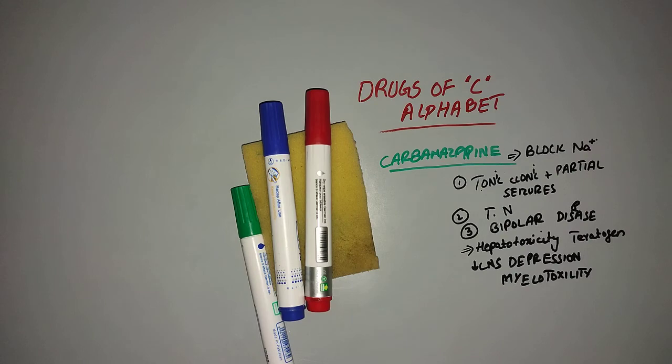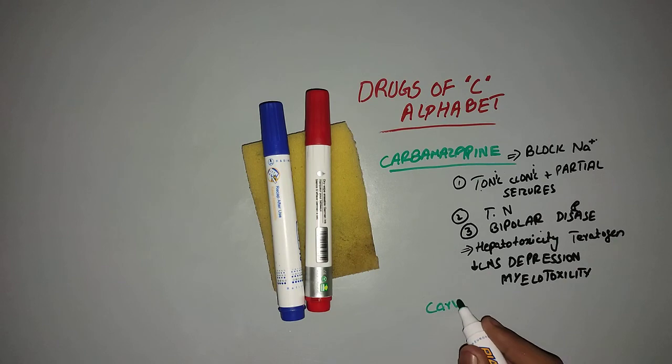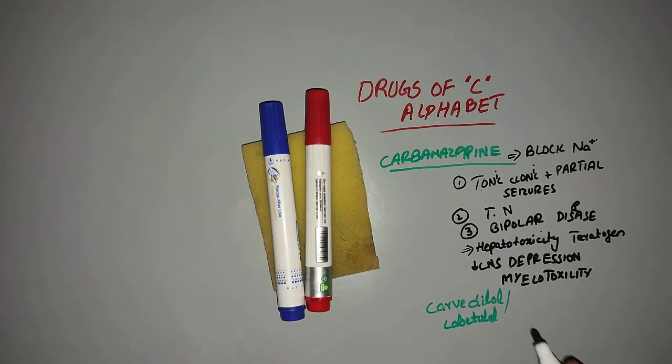Next comes carvedilol and labetalol. They have similar properties, so we will cover both of these drugs. Carvedilol and labetalol both are adrenoceptor blockers, specifically both alpha and beta blockers.